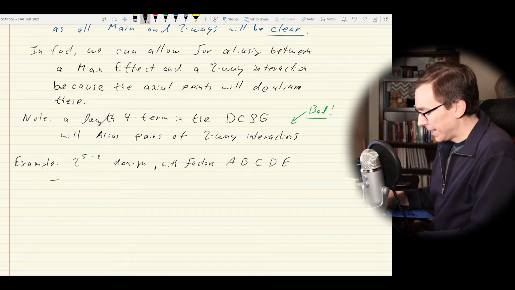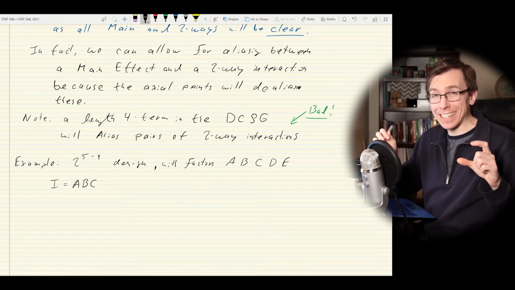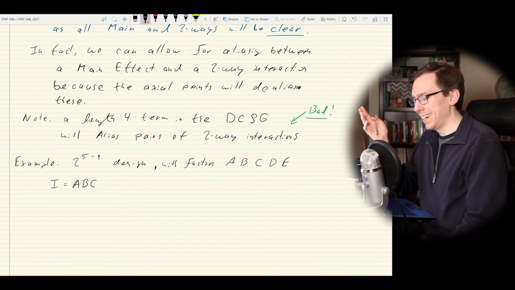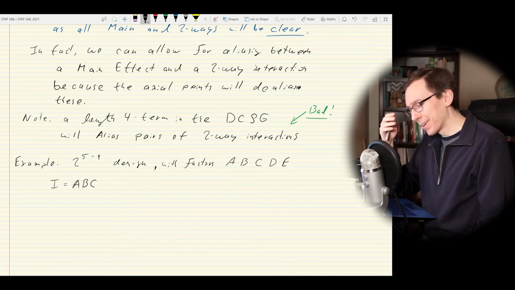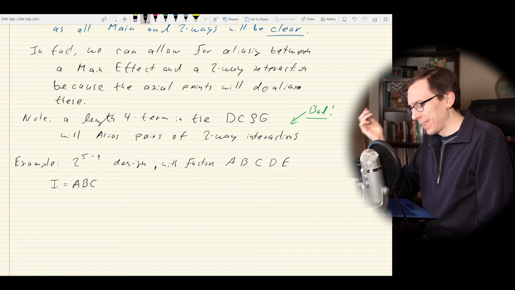Well, we're allowed to have words of length 3. We can't have length 2. That would be bad. That means 2 main effects are aliased together and everything falls apart. You generally never want a resolution 2 design, ever. At least I can't imagine any situation in which you would want one.